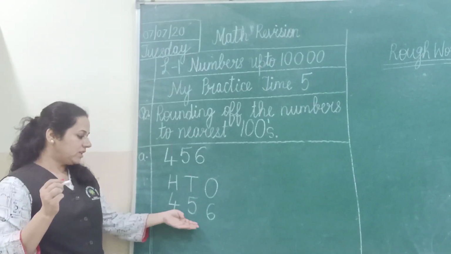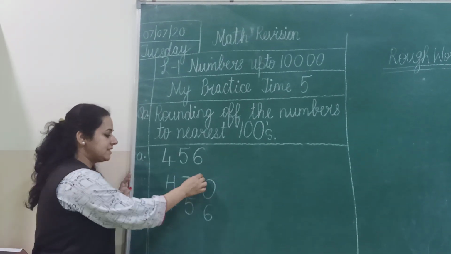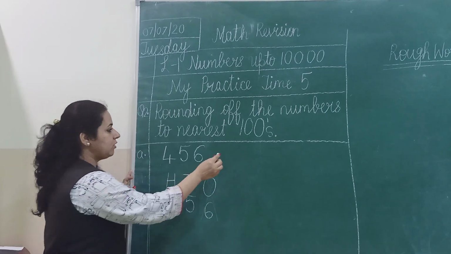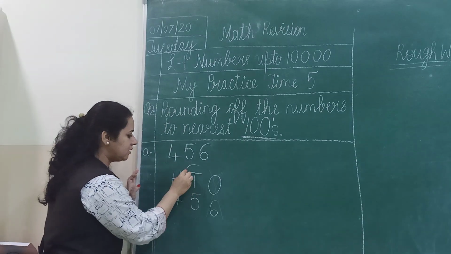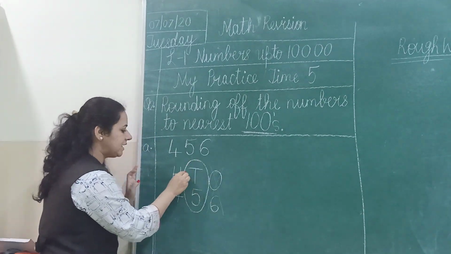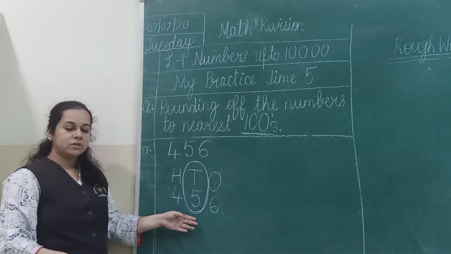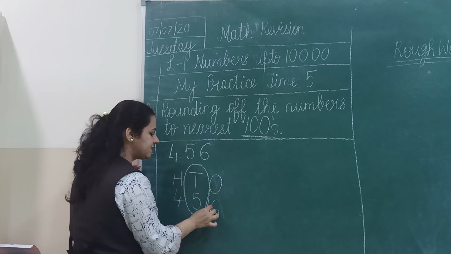Now for rounding of this number, we do not see the number on ones place. For rounding of the numbers to nearest hundreds, we see the number on the tens place. We do not see the number on hundreds place.